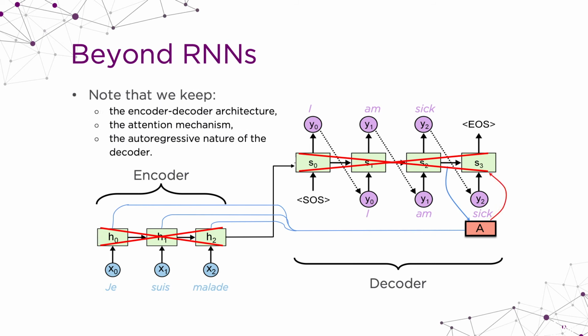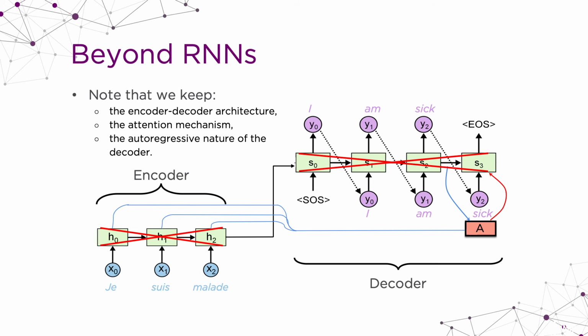We want to keep the encoder-decoder architecture because we saw that it is a very efficient way to deal with problems where the input sequence is different from the output sequence. We want to keep the attention mechanism. We saw how the attention mechanism is definitely improving the flow of information in this model.